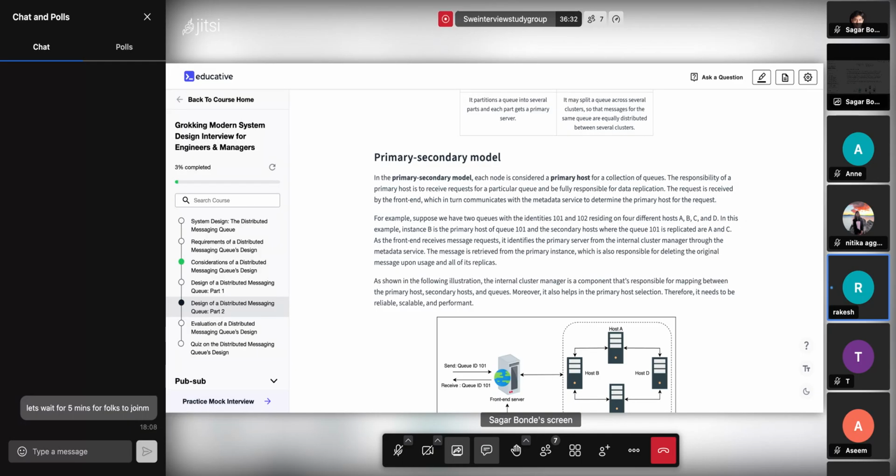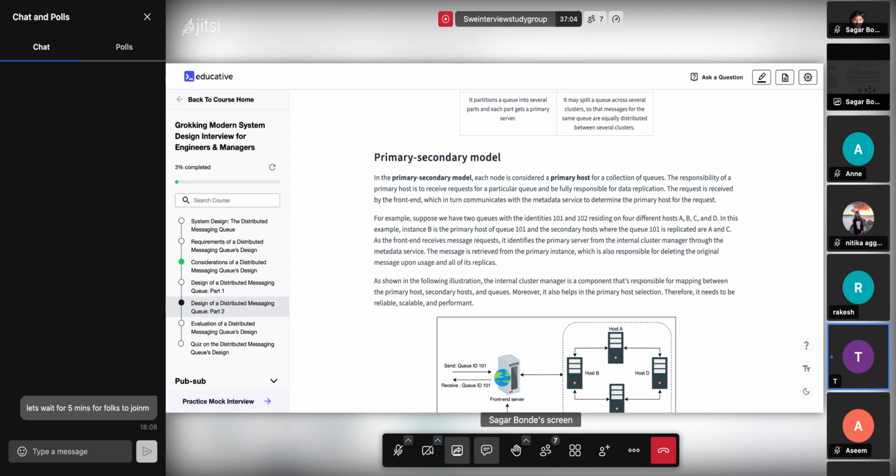The request is received by the front end, which in turn communicates with the metadata service to determine the primary host of the request. Obviously the request will be received by the front end, then it communicates with the metadata service, which determines the primary host where to send, right?